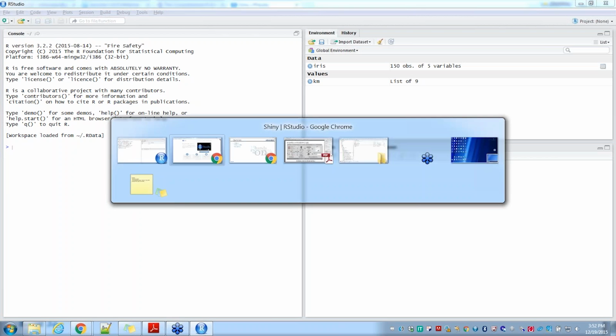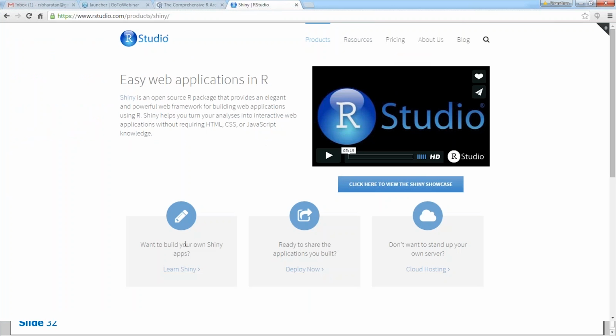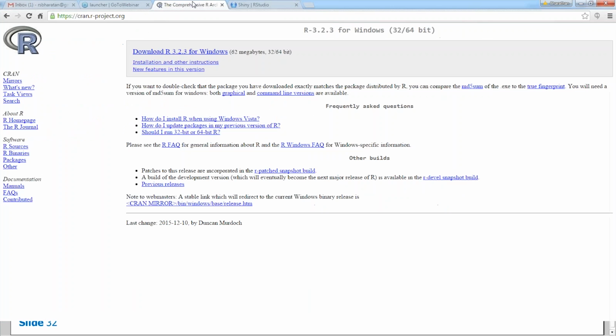Now that's RStudio Server. Similarly, you have Shiny Server Pro as well. So ensure you download the RStudio version as well, besides the exe from CRAN.